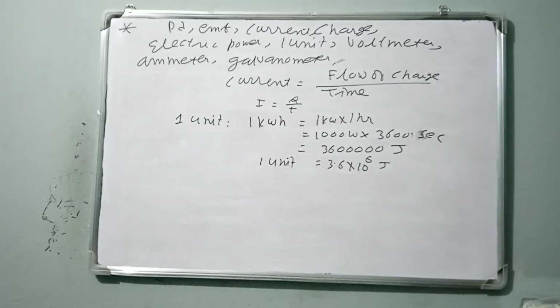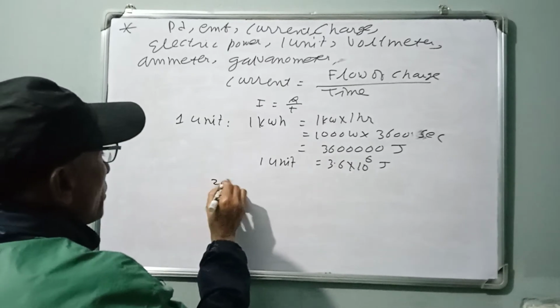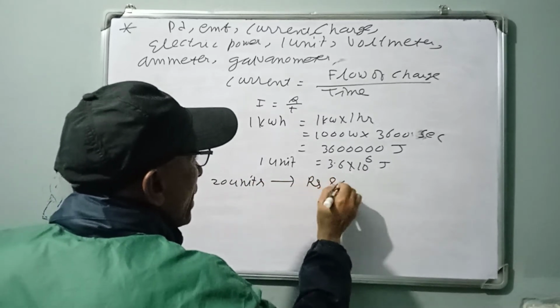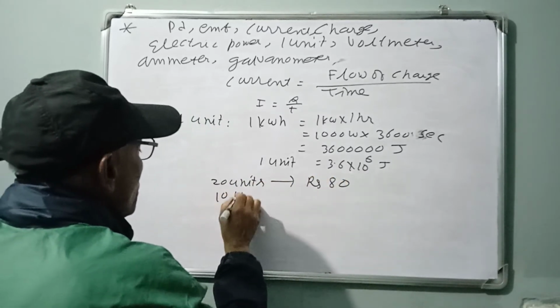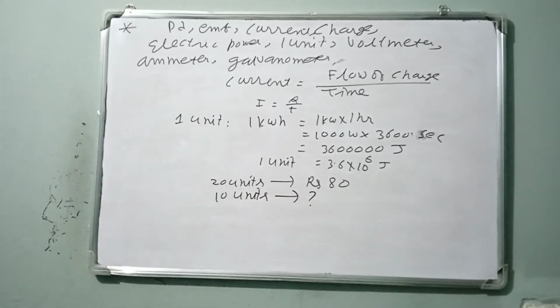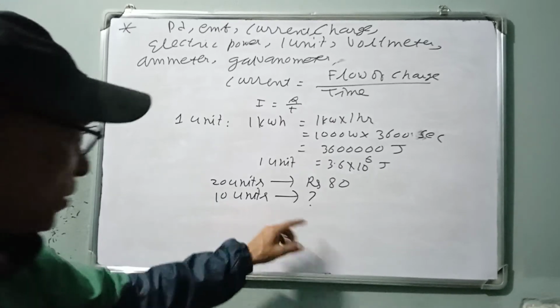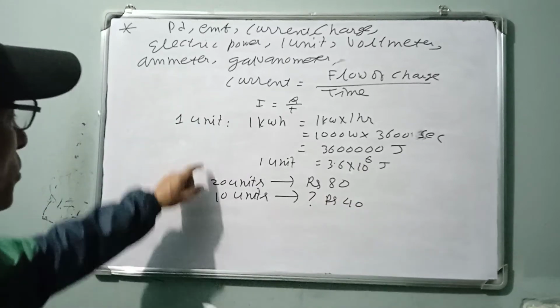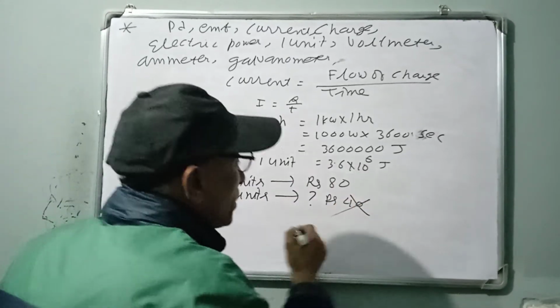See, can you say if you use 20 units, we have to pay 80 rupees. But if you use 10 units, what is the cost price? Can you say 20 units को 80 rupees पर्छ भने 10 unit को 40 rupees, यसको half? No, it is wrong.